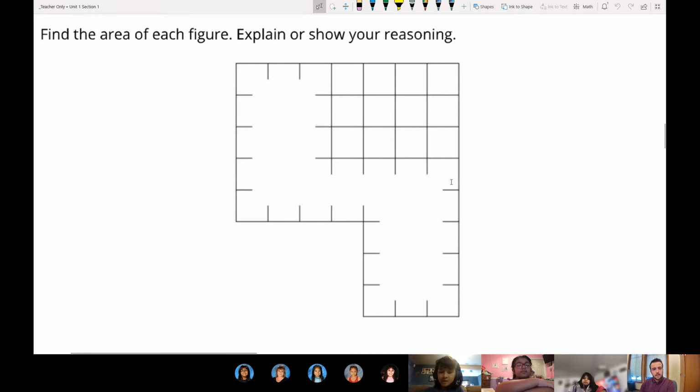Okay, any ideas about how, those are all good things, Adelina, Eileen, Camila, thank you for sharing. Any ideas how we can maybe find the area of the shape? Malia?